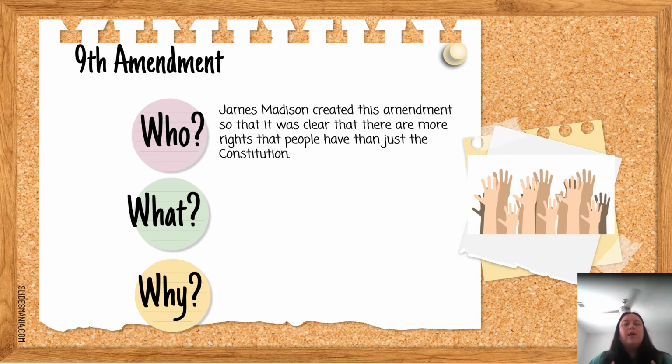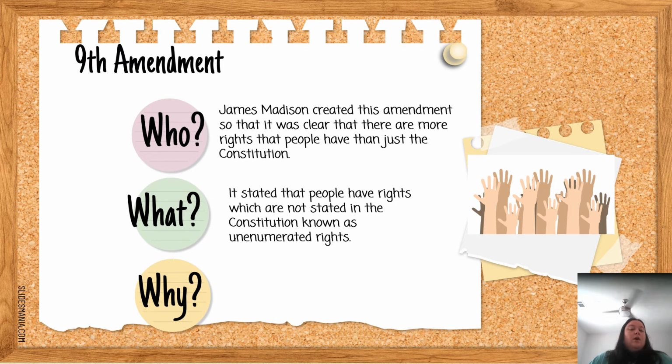There's more things that we have as humans that would be considered rights. So what is it saying, right? These rights that are protected that are not stated specifically in the Constitution are known as enumerated rights. They basically means that they're not stated, right?